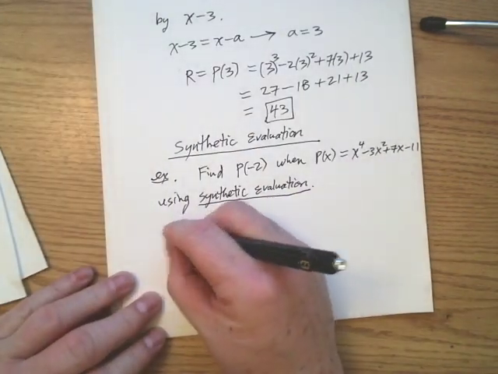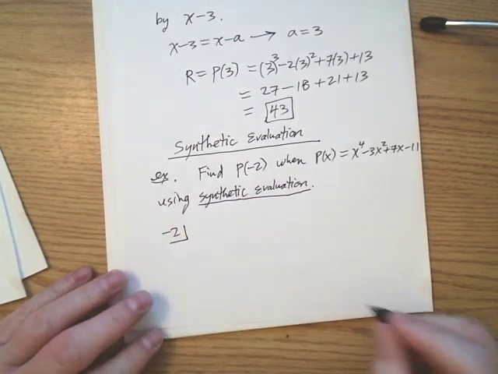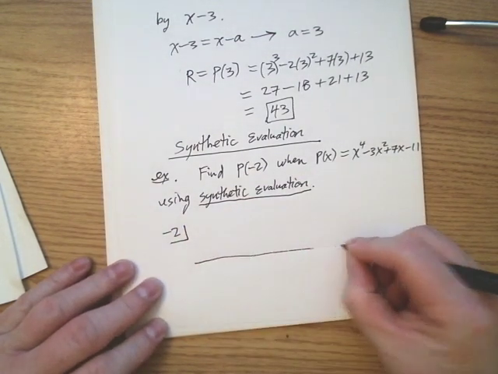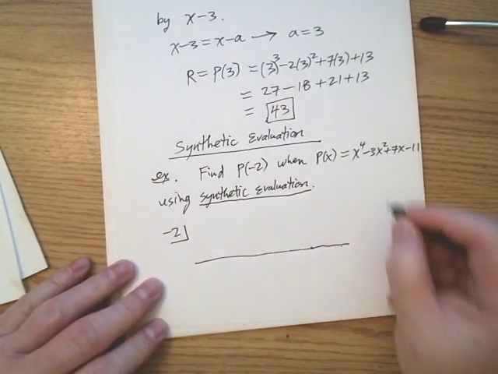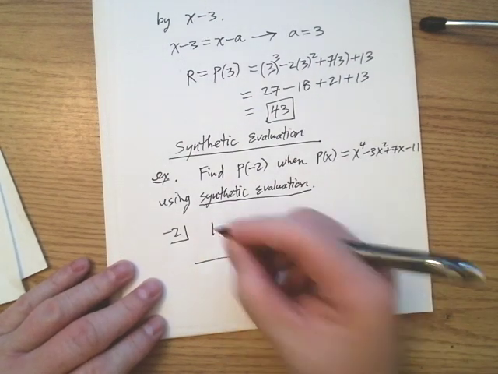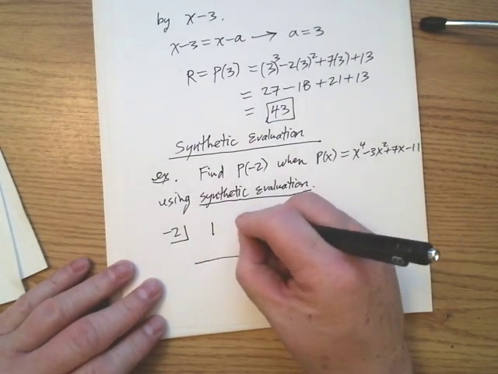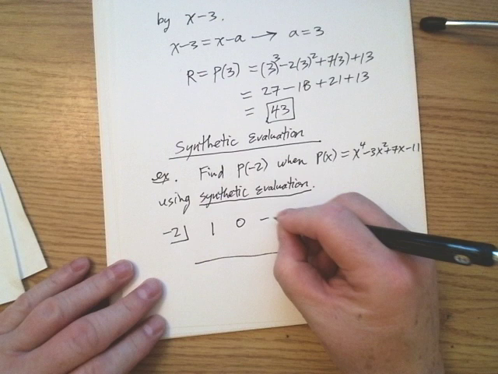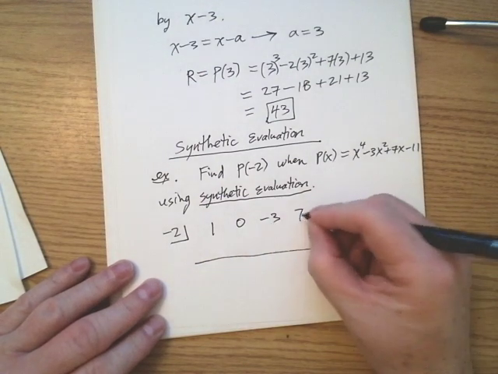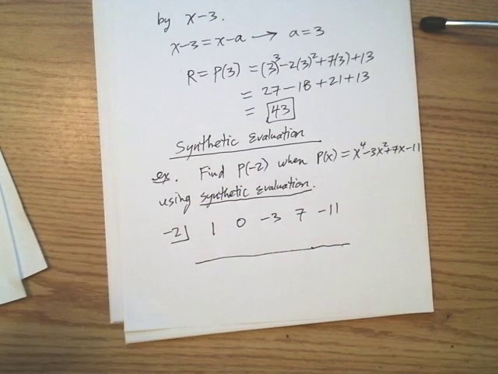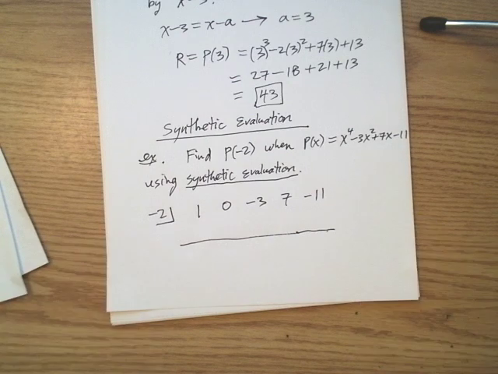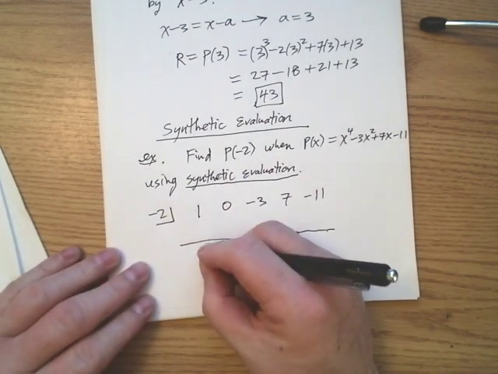And you remember your a is always going out there. Okay, so there's your a. Now go ahead and take the coefficients of your polynomial that you're looking at. 1, 0, -3, 7, -11.